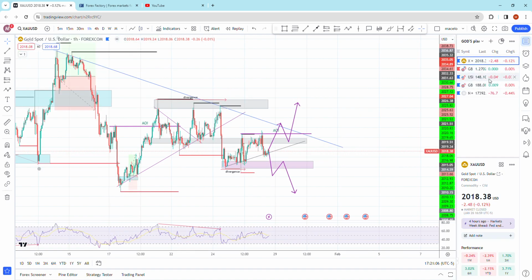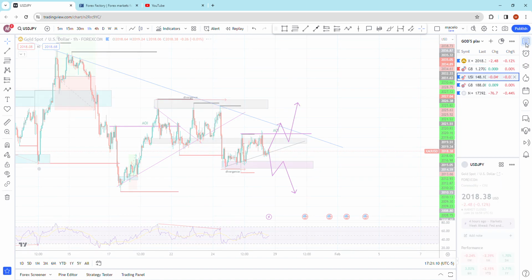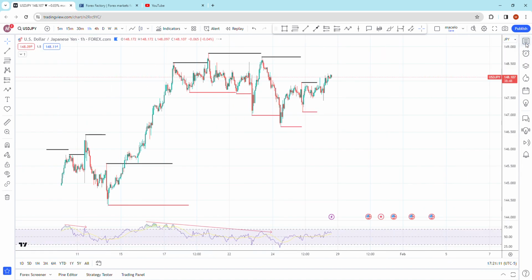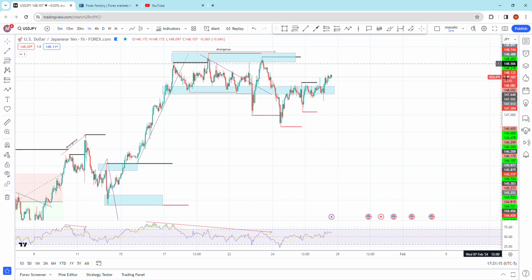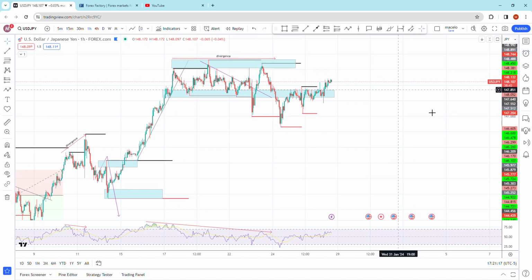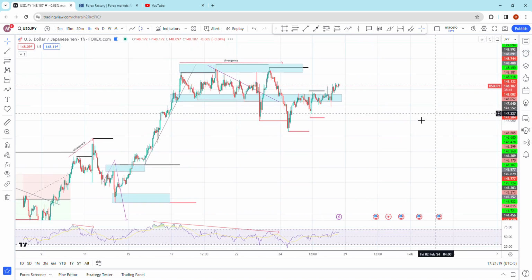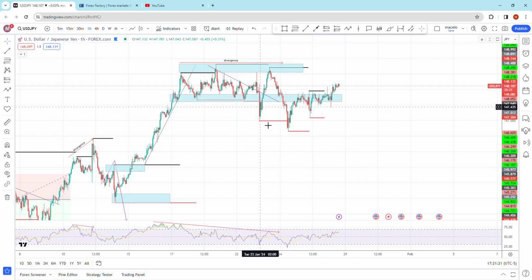I'll skim through UJ, I guess. UJ at the moment, where was it? I initially had UJ to try to break this area last week, retest this before selling back down to around these areas. UJ almost made it there, but without a bigger retracement.